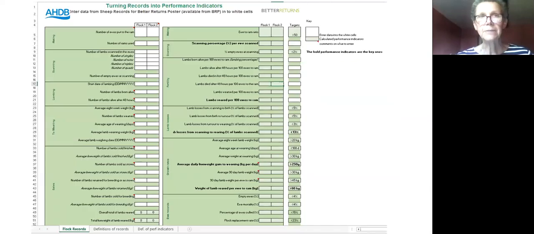This is the AHDB KPI calculator. Sorry, I've just put it there to remind myself to mention it to you. It's far too small for you to really read on the screen very well, but it is a nice, quick, ready reckoner calculator, taking you through how many ewes, how many rams, scanning results, and then if you see on the right-hand side, there are some targets set there for lamb mortality, for growth rates, for lamb weight reared per ewe, and that sort of thing.